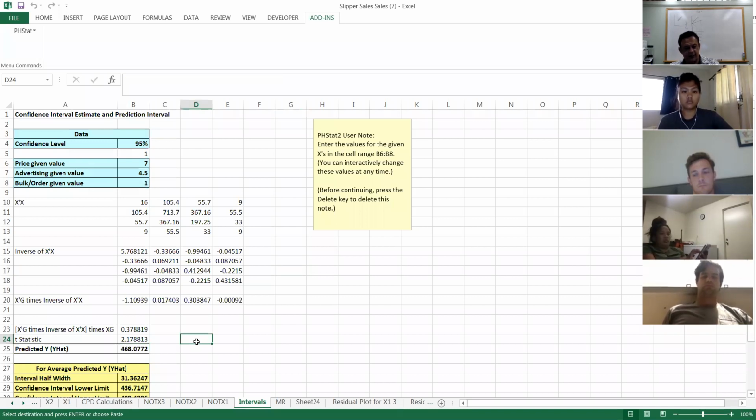So 468 shoes times $7 equals $3,276. Right? That's $3,276.